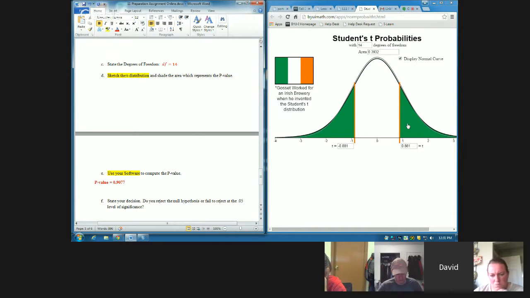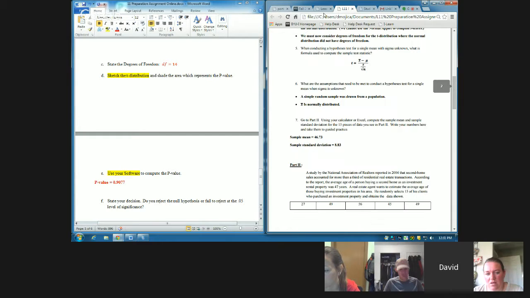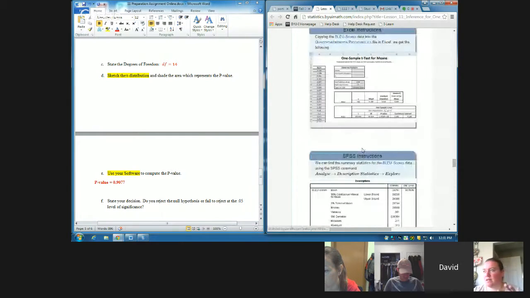I can't remember very well why it's the tails and not the middle. Do you know why? That would be in a previous lesson. Yeah. It's the tails because we're looking for the difference between. Oh, that's right. So we're looking for both sides.